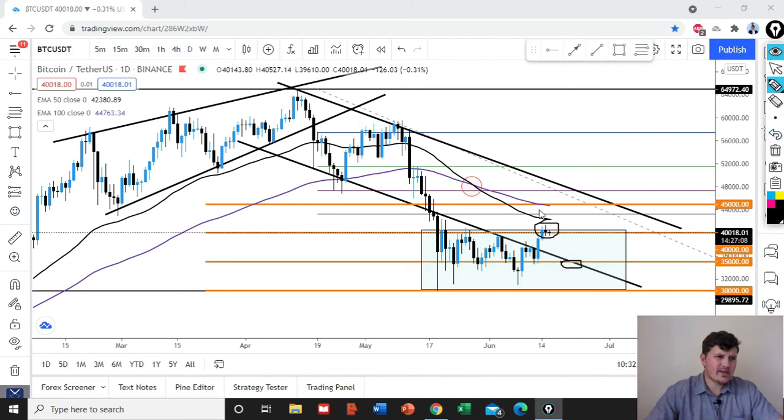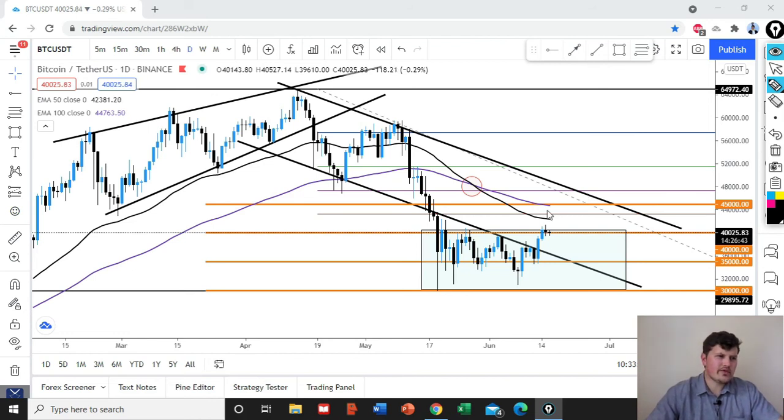So I would just sit on the sidelines for this one, to get a better indication of a better entry. You would rather go with the momentum higher than be investing or trading in a consolidating move like this.